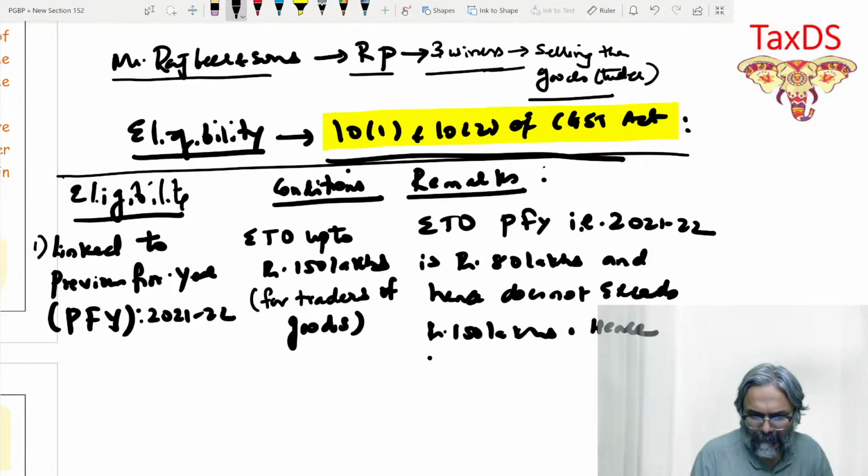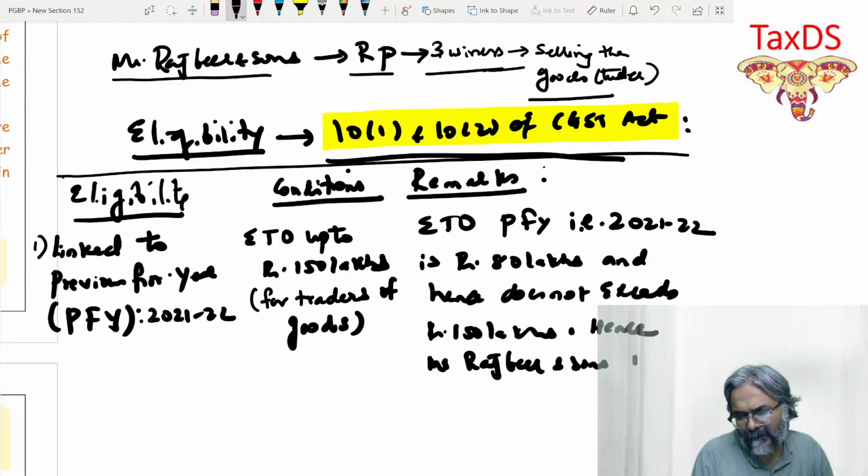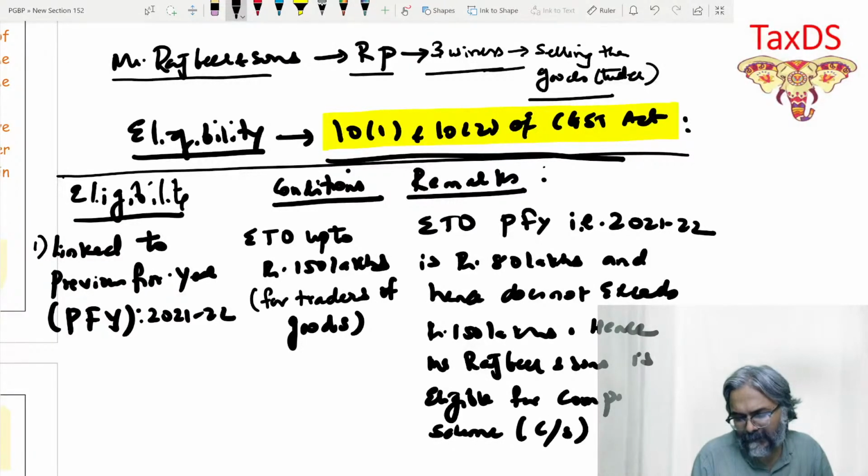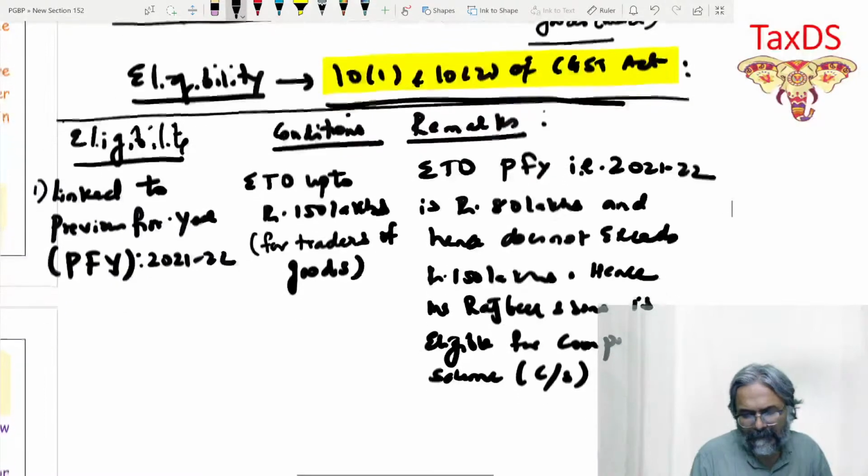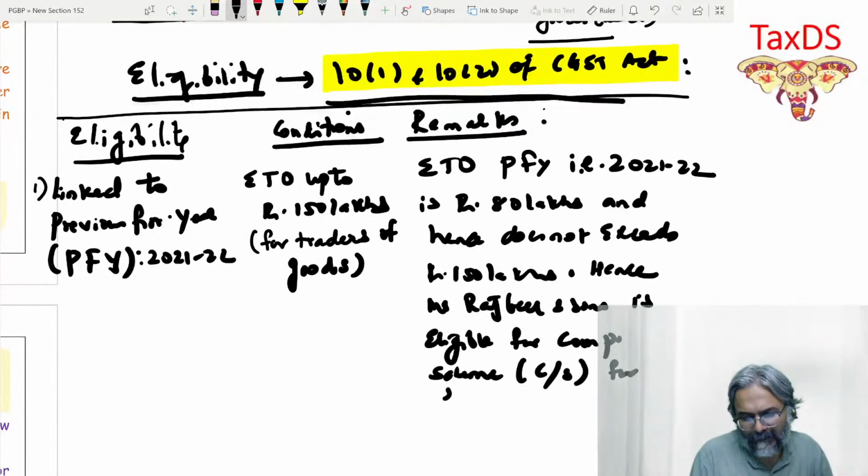Hence, Mr. Rajbir and Son is eligible for composition scheme, CS in the bracket, for financial year 22-23.